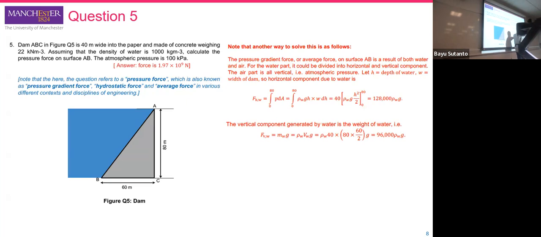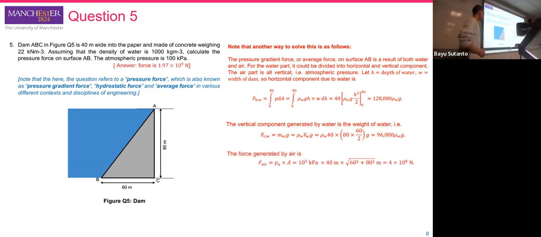Mass is density multiplied by volume, and the volume is the width, which is 40, and this is the prism: 80 multiplied by 60 divided by 2 because this is a triangle. Not the dam construction, but the water. You see it from the water perspective. So we are taking out this volume. We calculate this blue water volume. Sorry, we have this calculation.